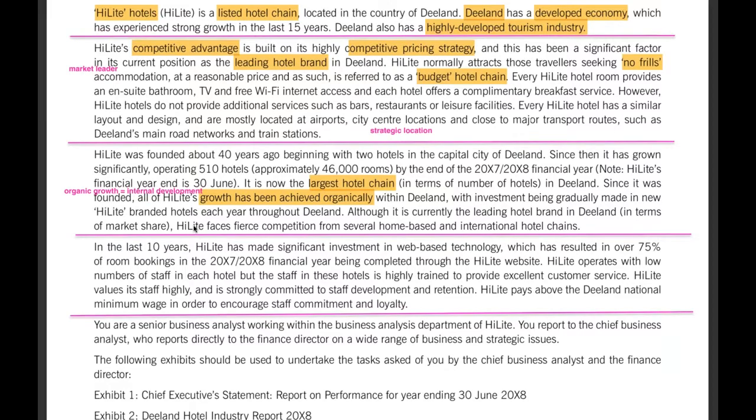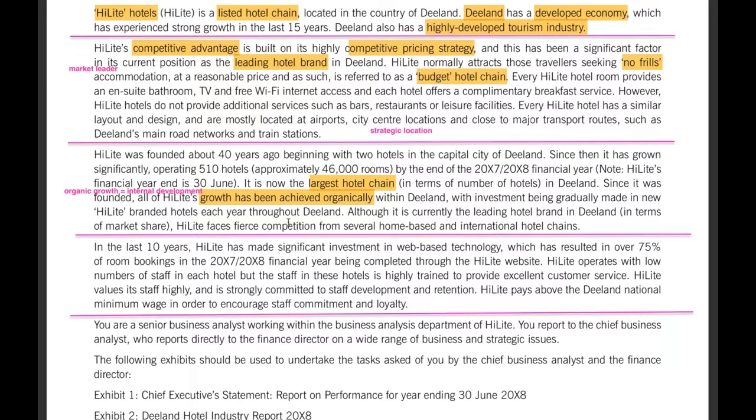It means that they start fresh, all right? They did not actually acquire, okay? They actually set up these particular hotels of theirs, okay? Maybe they construct it, all right? They did not acquire. So it's also called internal development, okay?